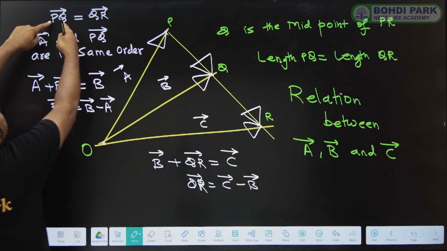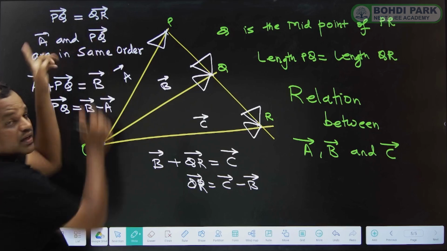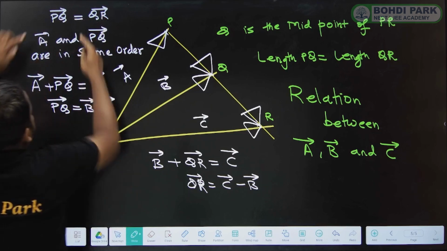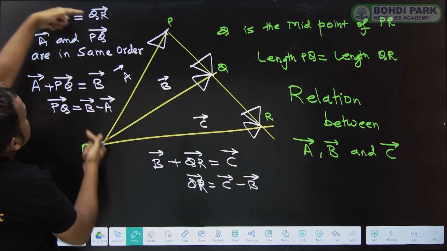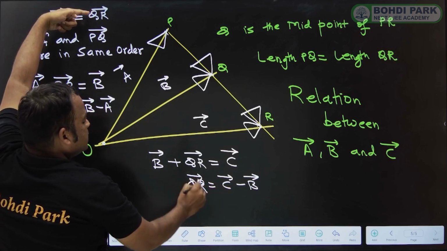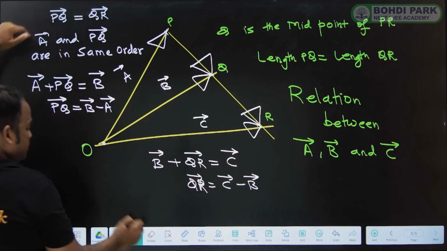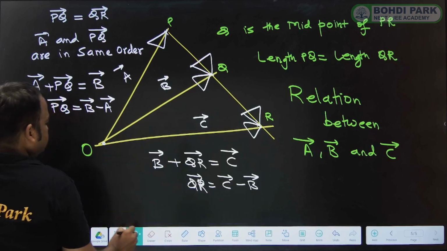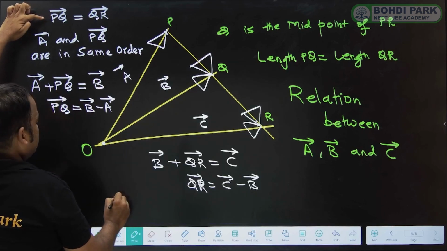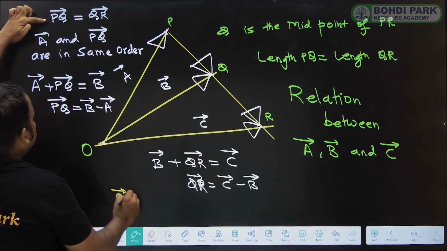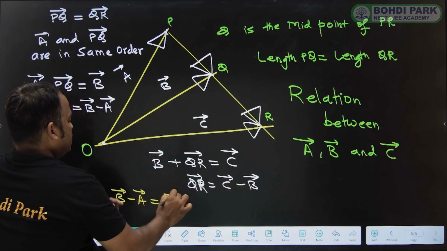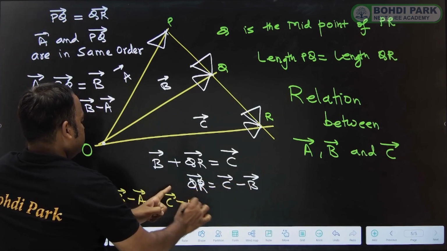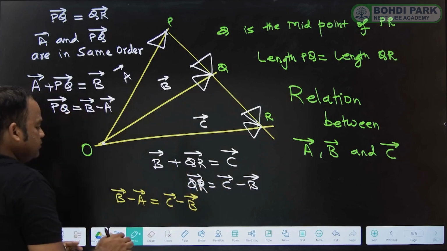Now we will substitute PQ vector and QR vector here. We have PQ vector as B minus A and QR vector as C minus B. So we substitute: B vector minus A vector is equal to C vector minus B vector.